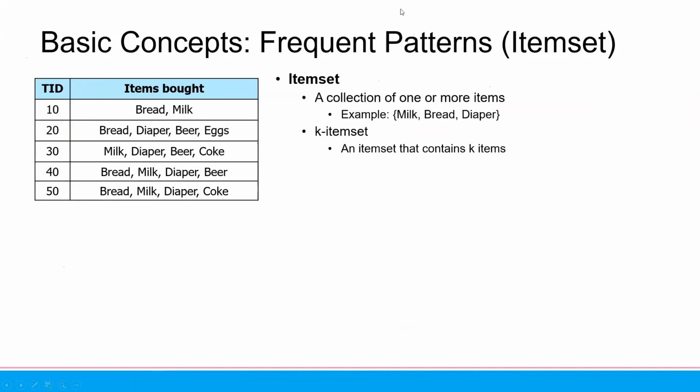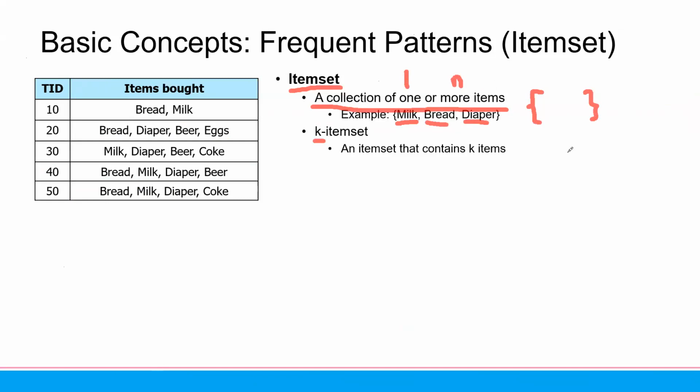The first concept is the item set. An item set is a collection of one or more items. It can be one or n items. Let's say I have milk, bread, diaper in curly braces. Then this is 3 items in one item set.